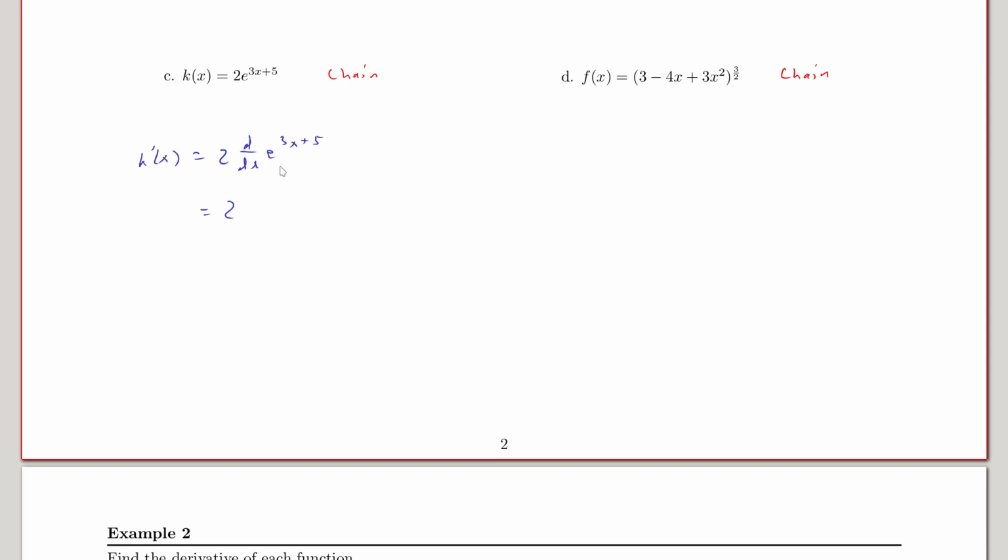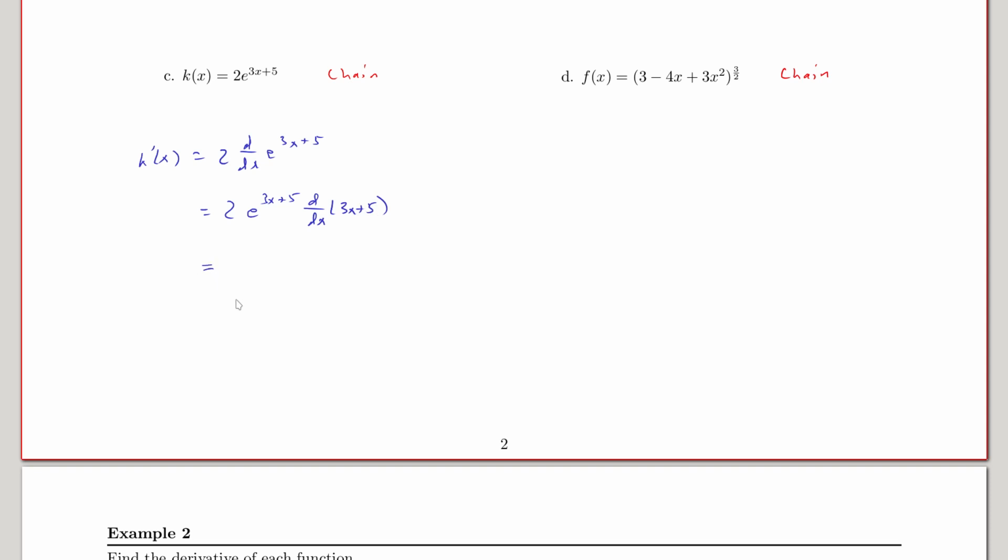Well, the derivative via the chain rule is the derivative of the outer function. The outer function here is e to the x, evaluated at the inner function. So with exponentials, you always get the original back, times the derivative of that exponent. So hopefully this is coming back a little bit. It'll take a little bit of time, but it will come back.